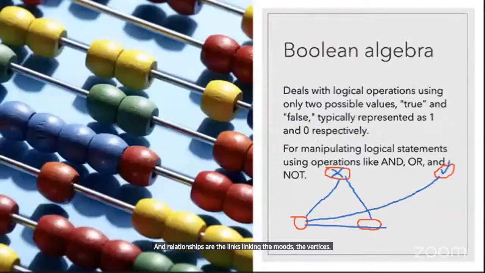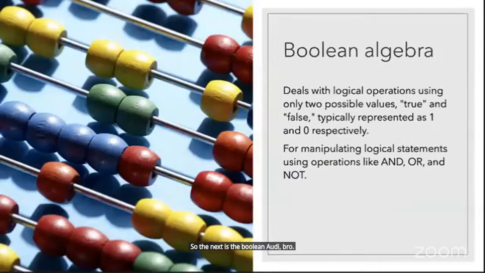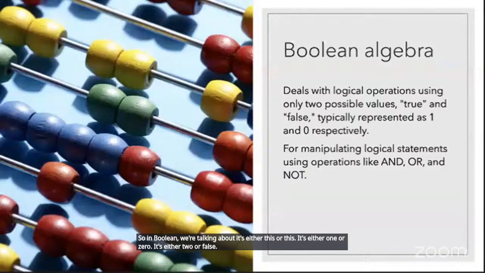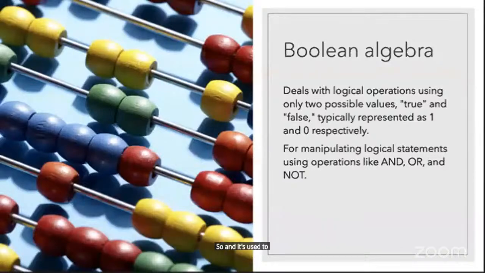So the next is Boolean algebra. Boolean algebra is a branch of mathematics that deals with variables that can have one of 2 possible values, true or false. So in Boolean, it's either this or this. It's either 1 or 0. It's either true or false. And it's used to manipulate logical statements using operations like and, or, not.